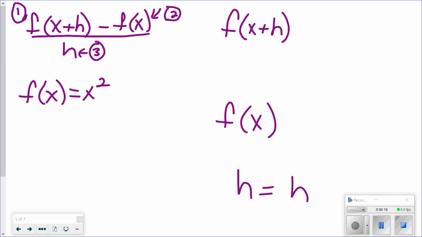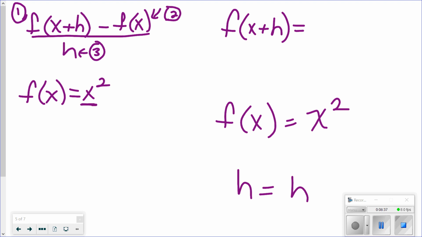Well, h is just going to stay h. F of x means I take this function x squared and I plug x in where I see x, which to us means it stays the same as it is. So we're just going to call it x squared.